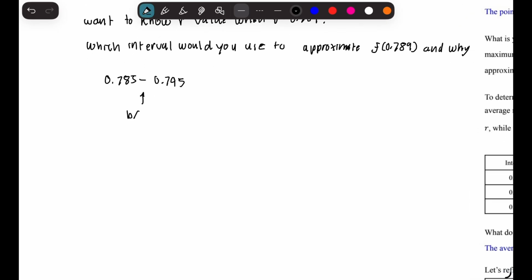That's because 0.789 is included in that interval.